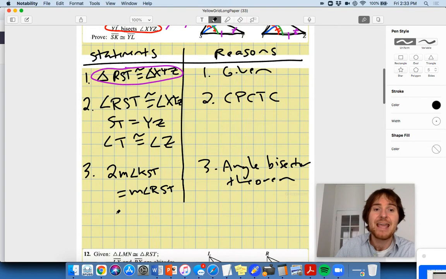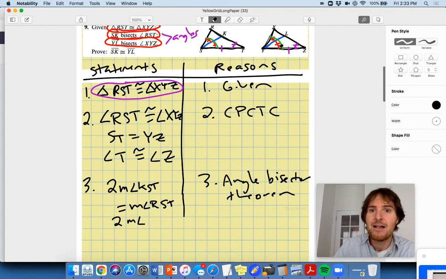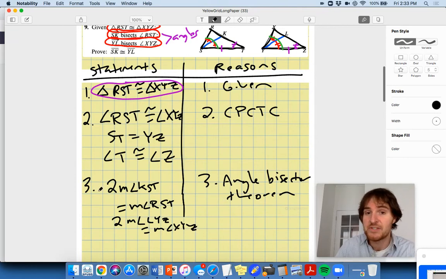Okay? And then I would also say 2 times the measure of angle LYZ, right? LYZ equals the measure of angle XYZ. And that's also the angle bisector theorem, so that's still part of step 3.